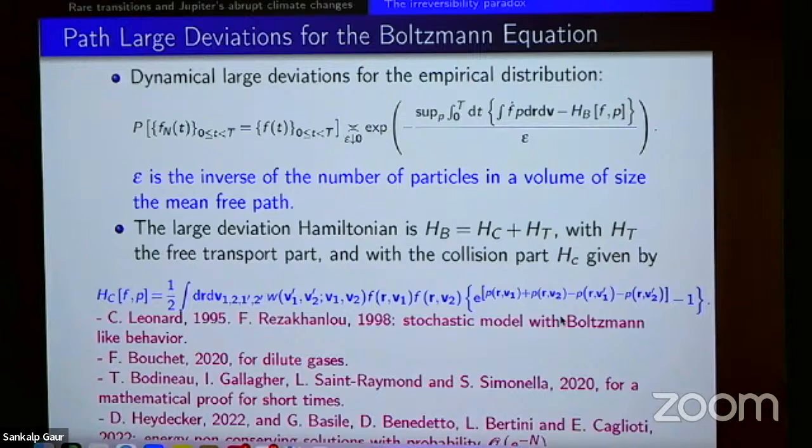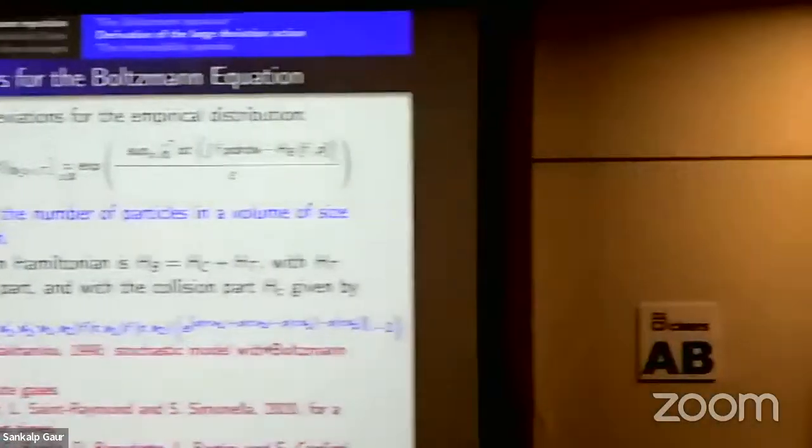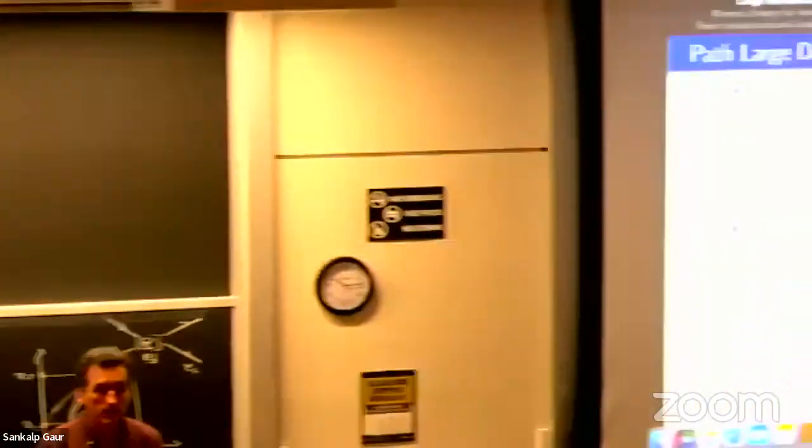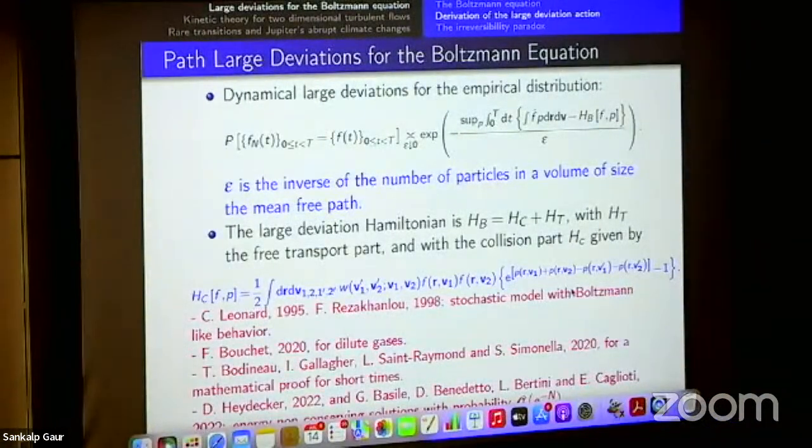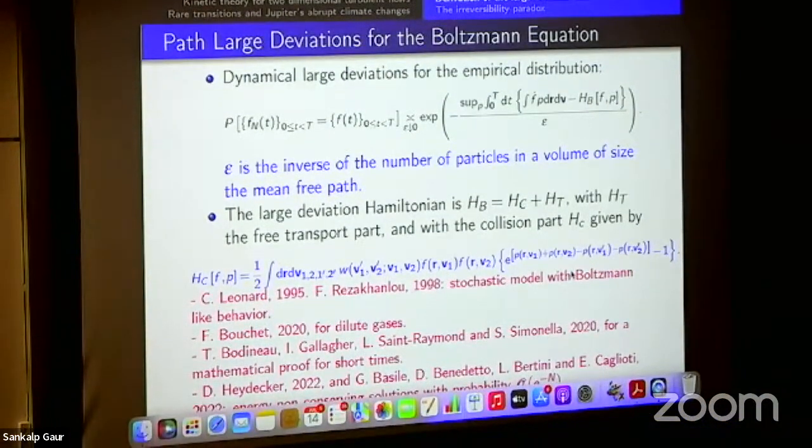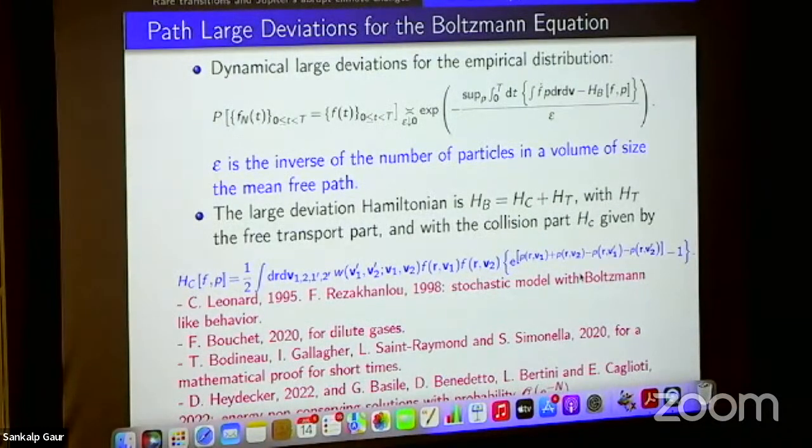Okay, so this action, which is very important conceptually for statistical mechanics, was first written by Christian Leonard for the Kac model. The Kac model is a model of interacting particles without notion of space, in 1995, and then by Freidlin and Wentzell for stochastic models with Boltzmann-like behavior. What I explain to you today is something that I explained in this paper that I gave you the reference for. In those papers, actually, it's very abstract, very mathematical, and you don't really understand the basic and heuristic things.